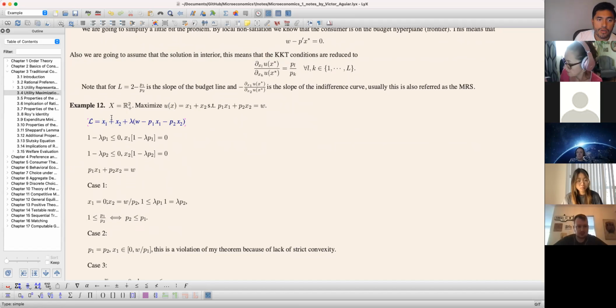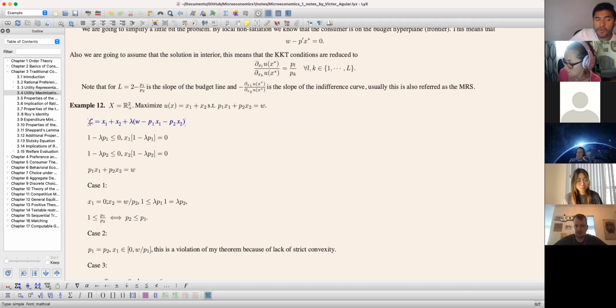Note that when maximizing this object, we're going to maximize with respect to x1, x2, and the Lagrangian multiplier. We're also looking for lambda. Here you're dealing with a particular utility, which is in fact concave. It's even more than concave, it's linear, right? So first order conditions are not only necessary for finding an optimum, but also sufficient, okay?